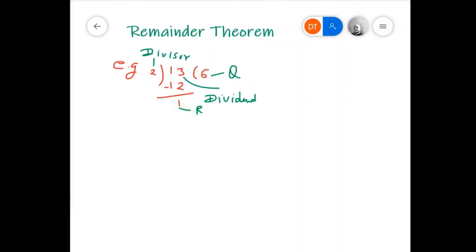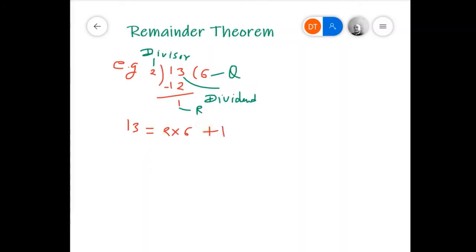Okay, so now when we put these numbers together, how were we getting this 13? We can write 13 equals 2 into 6 plus 1.